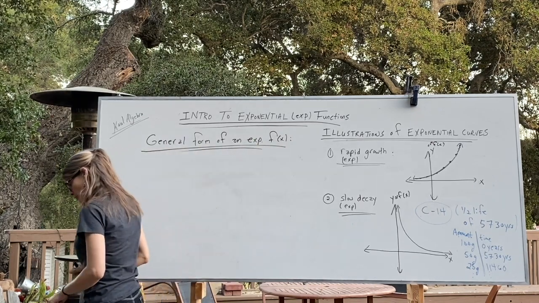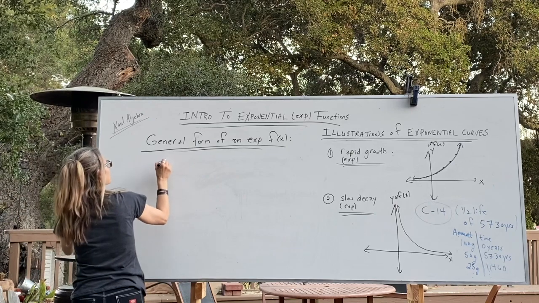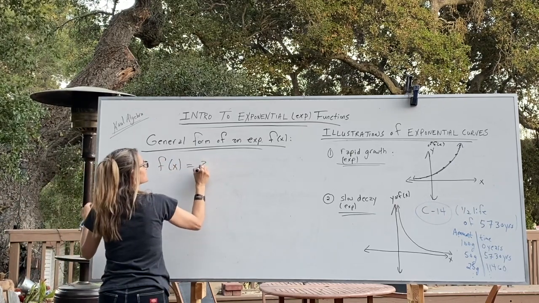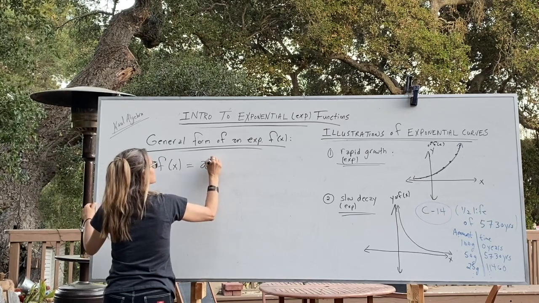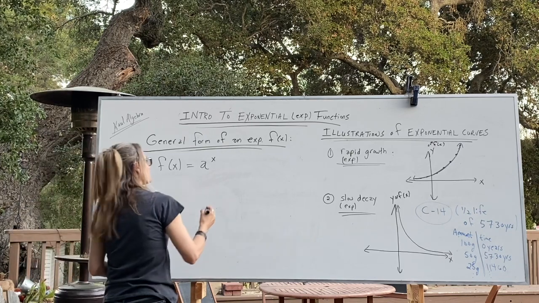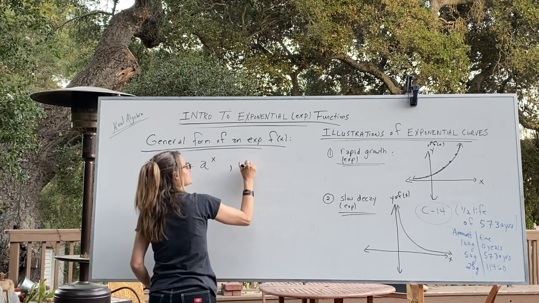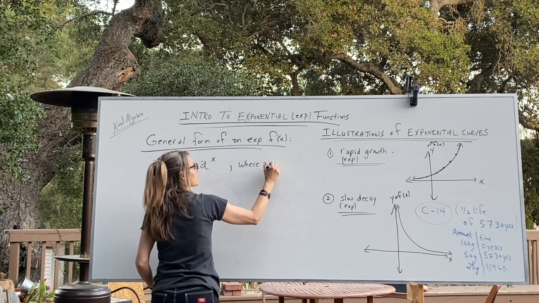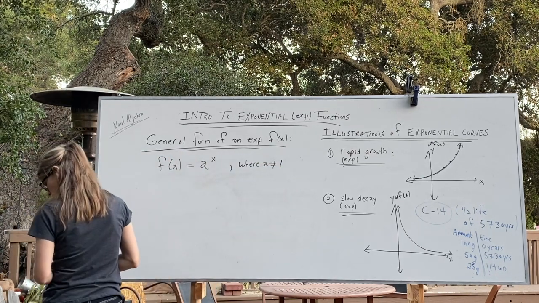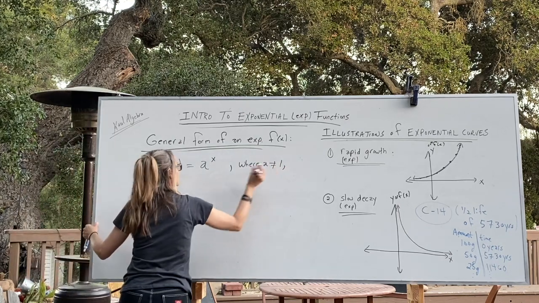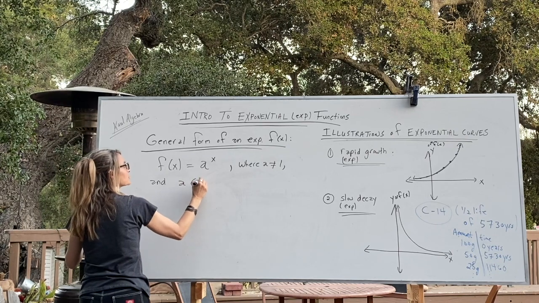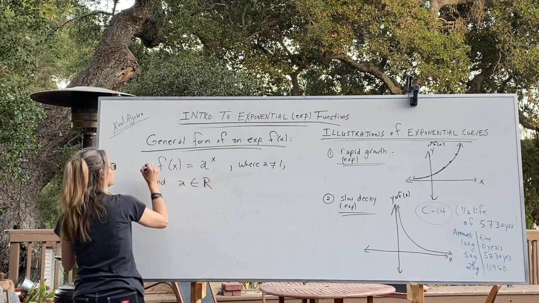Okay, the general form of an exponential function is that we have our dependent variable equal to a to the x power. Okay. So the condition is a cannot equal 1, otherwise it won't be exponential. And the other condition we have is a must be a real number. It belongs to the real number set.